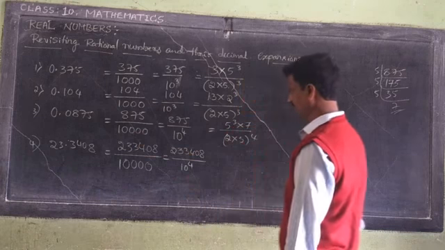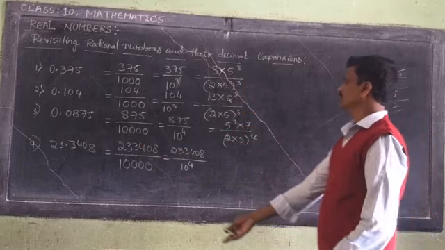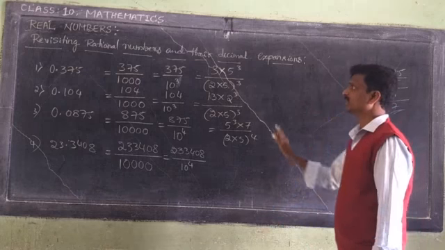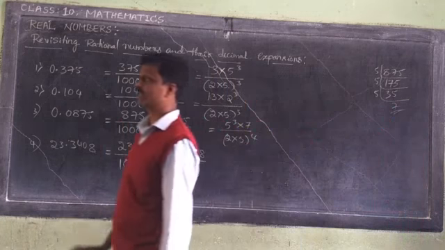This is the larger number, and for the simplification it takes more time. So we consider only these three examples.